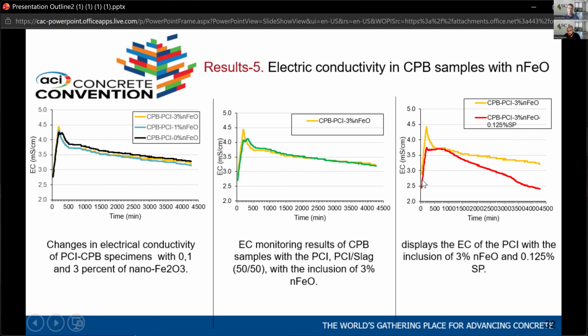The last one, when you add superplasticizer, you see the superplasticizer decreases the electrical conductivity a lot. You see the gap is even more than with slag. Both have 3% of nanoparticles. So this is 3% of nanoparticles with 50% of slag. And this is without slag, but 3% of nanoparticles, and with superplasticizer.